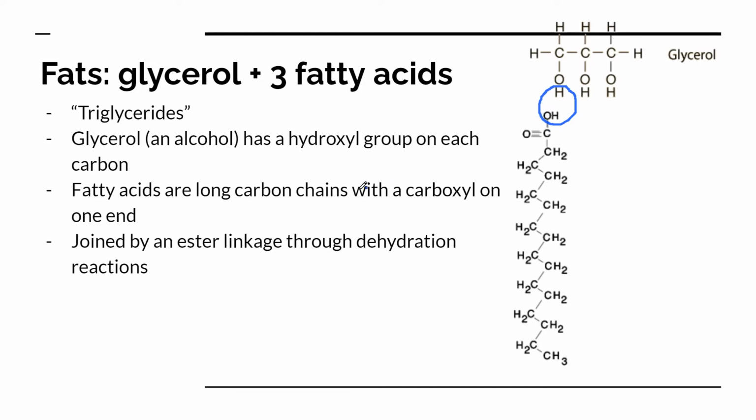That type of bond in a fat molecule, in a lipid, is known as an ester linkage. So again, it's still a dehydration reaction, but for every different type of macromolecule, the bond that's formed gets a different name because it has different atoms that are being attached within that bond. So in a lipid molecule, that bond formed through that dehydration reaction is called an ester linkage.